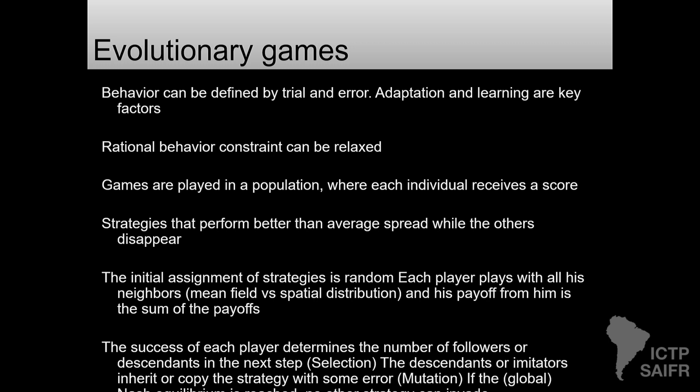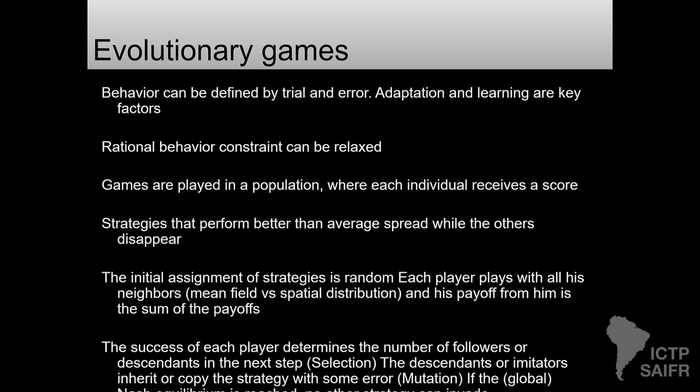So for that, we need to add something else to the game. Up to now, we have the formulation of the game with the strategies and the payoff, but there is no dynamics here. So we need to think about dynamics, just to describe how the strategies evolve towards the best possible situation. And when we add dynamics to the game, we are talking about evolutionary games, not games by themselves.